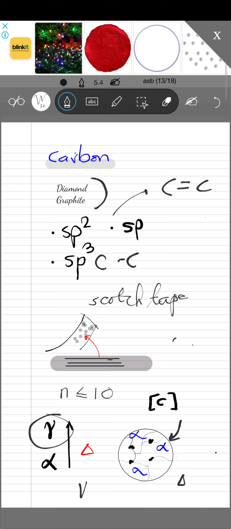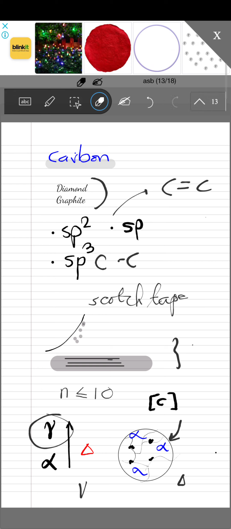Now, if we take graphite, it is considered to be a layered structure. You can see this is graphite, and the lines represent the different layers. At this point, if we take a scotch tape, paste it and lift it, some carbon from graphite is transferred to the scotch tape.